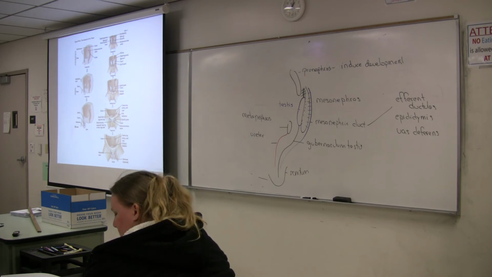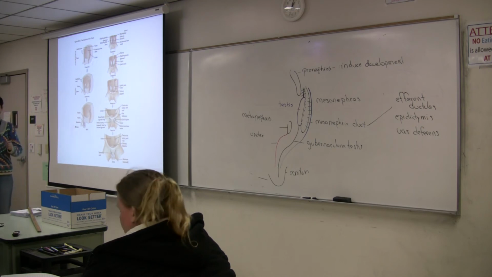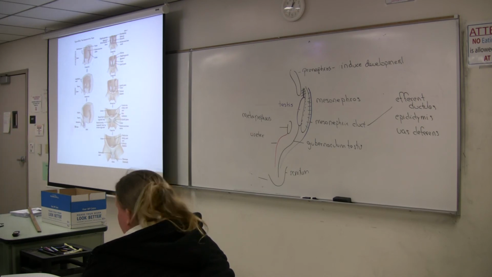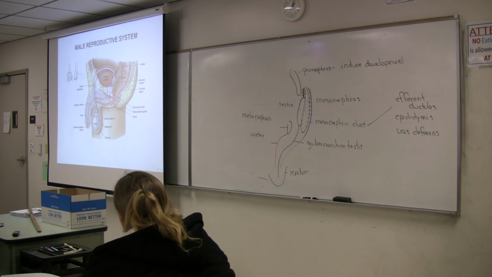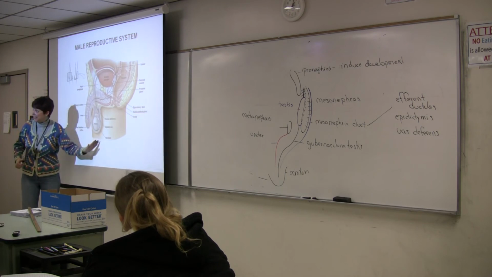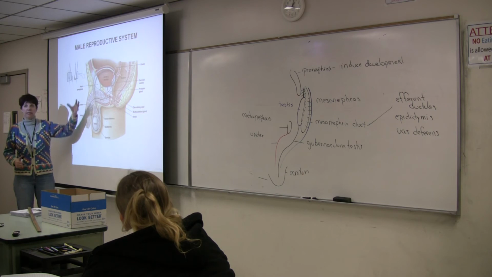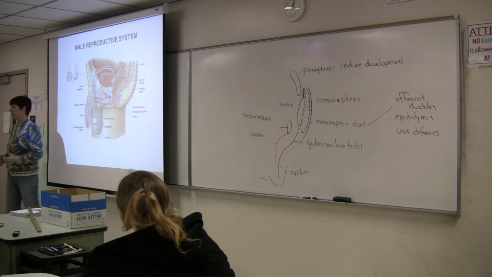Well, as it's pulling it down, it's also pulling down the tubes associated with the testes. So that's why we find the vas deferens passing through this same channel, the testicular artery and vein passing through that same channel, and nerves that innervate those structures, because they all get pulled down into the scrotum.